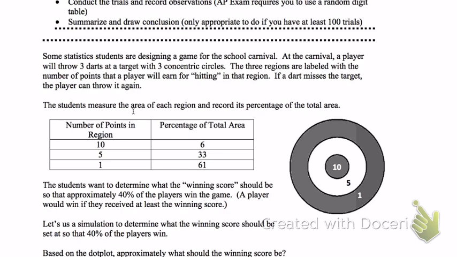So the students want to determine what the winning score should be so that approximately 40% of the players win the game. So a player would win if they received at least the winning score. And so if 40% of the players win the game, then that means that 60% lose the game. So what I'm essentially trying to figure out is I want to find the value at the 60th percentile.